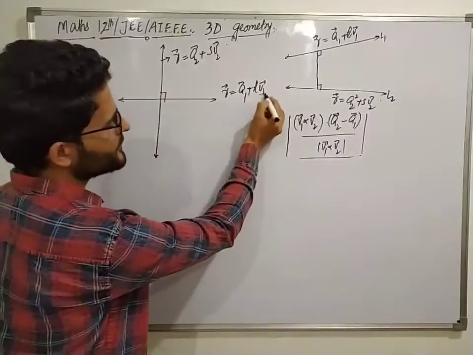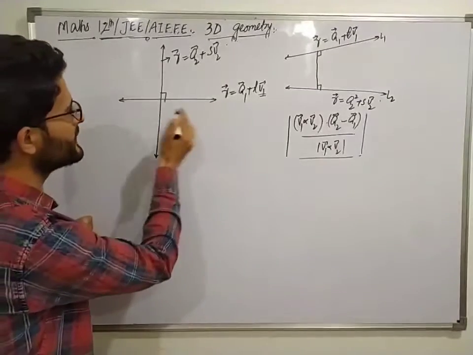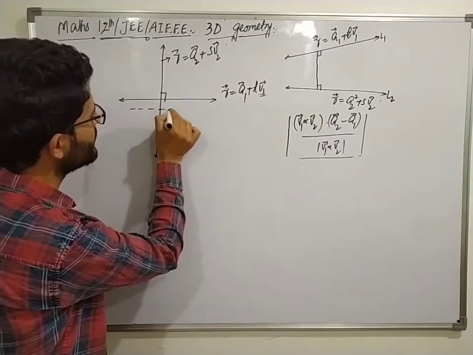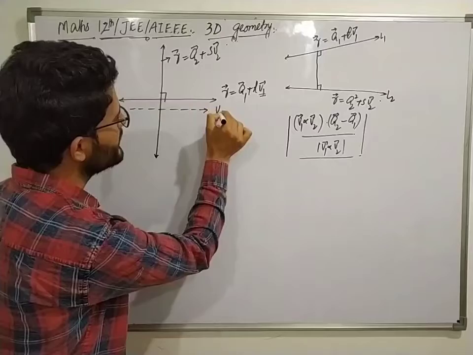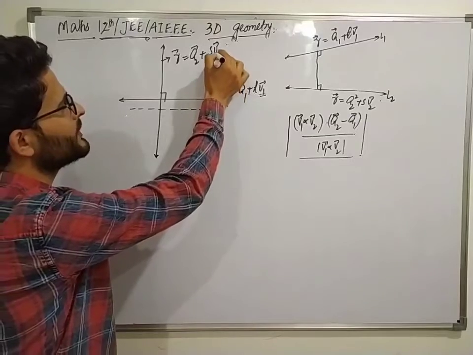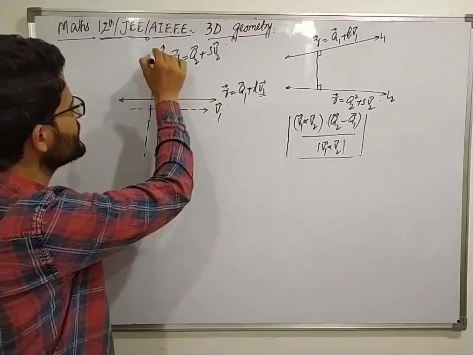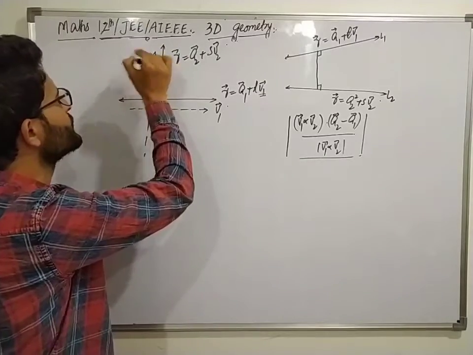If we look at this V1 vector, V1 vector is that sort of vector which is parallel to line first, and similarly V2 vector is a vector which is parallel to the line second. So this will be our V2 vector.